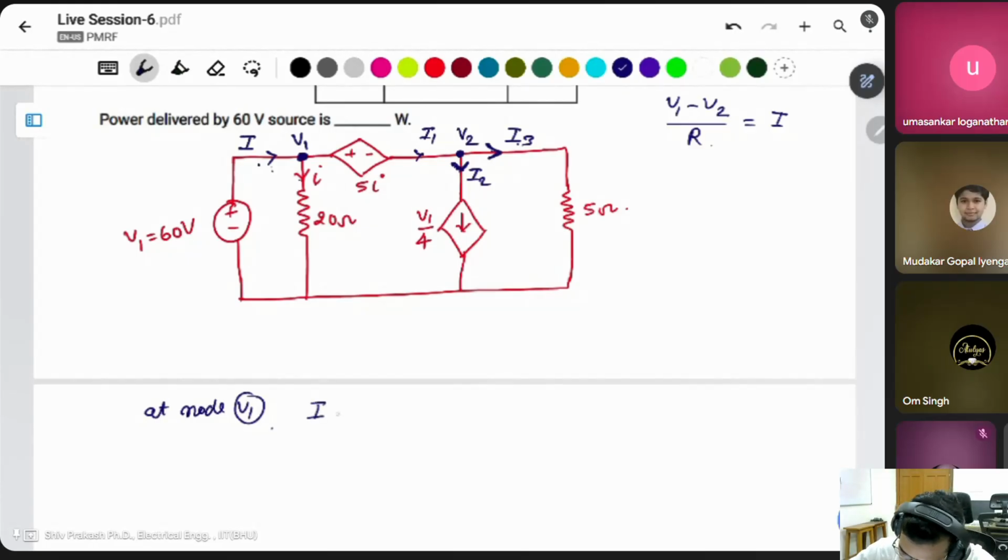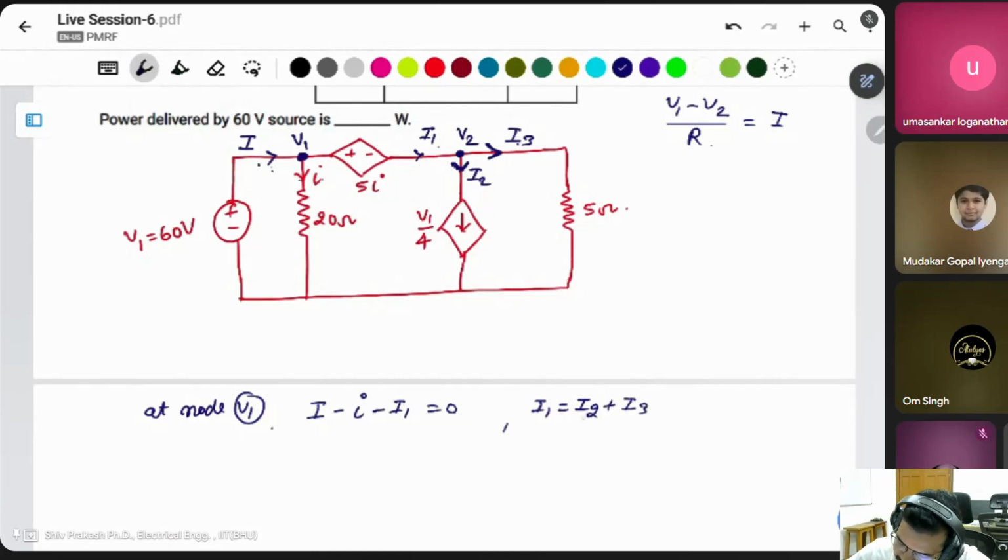I minus I1 is equal to 0. Simply by KCL, if you take the current as I1, then this is the equation. The same I1 is divided into two parts. I1 is equal to I2 plus I3.